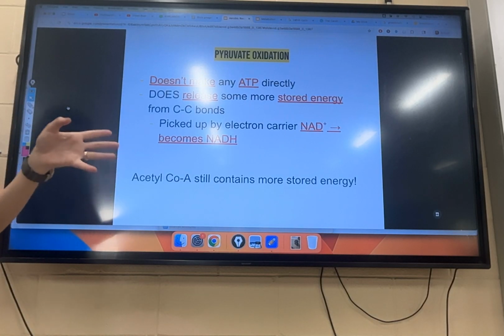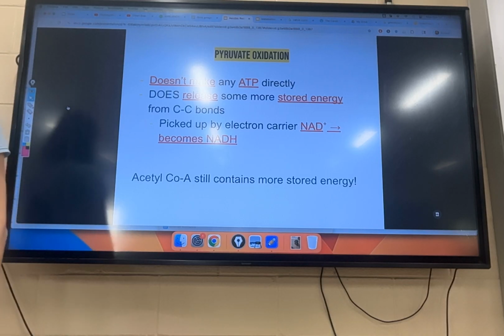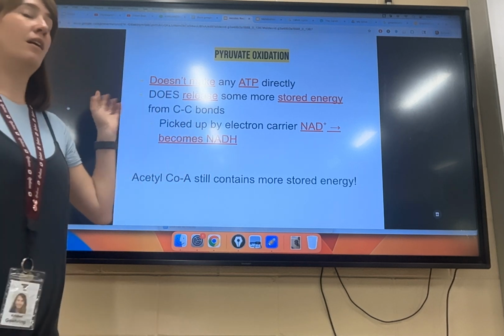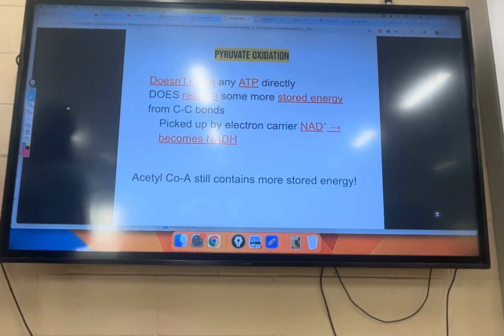So in pyruvate oxidation, I did not make any ATP directly. So I didn't make the end goal product, but I did release some of that stored energy, some of the potential energy. That energy, instead of getting packaged in ATP, moved and was put into my electron carrier.